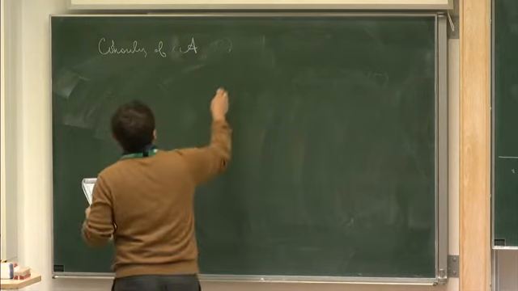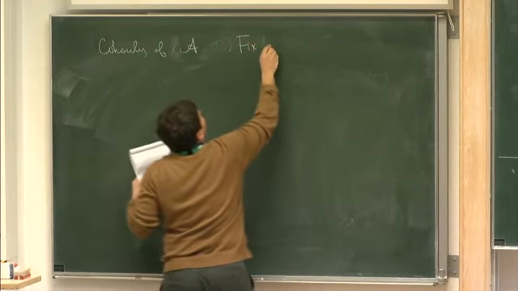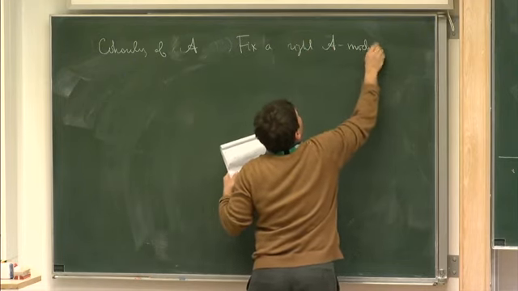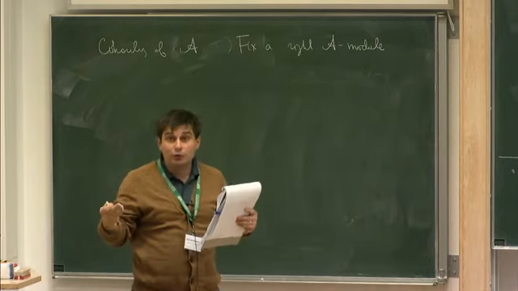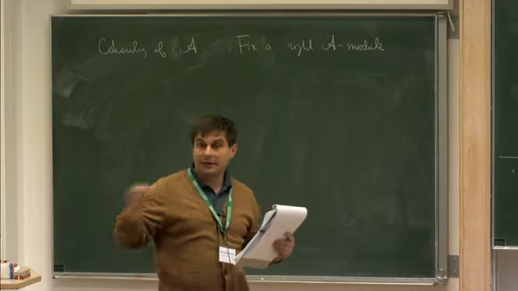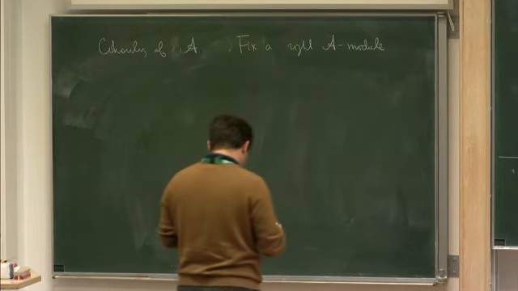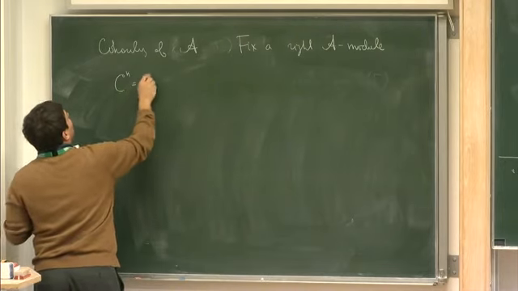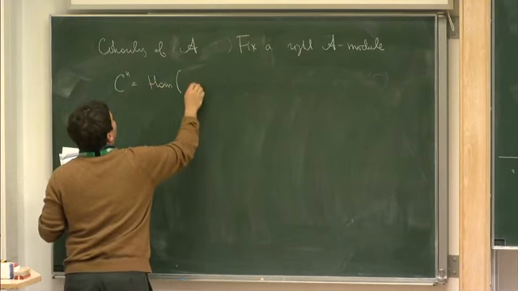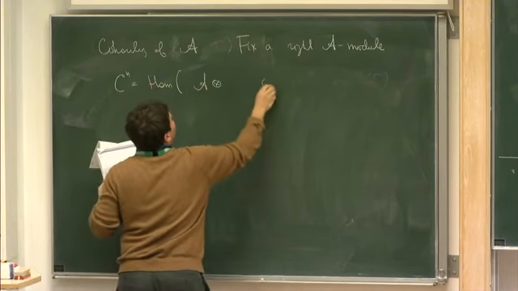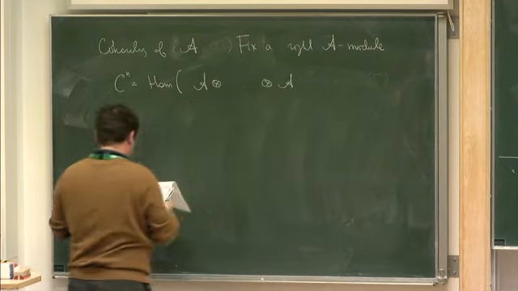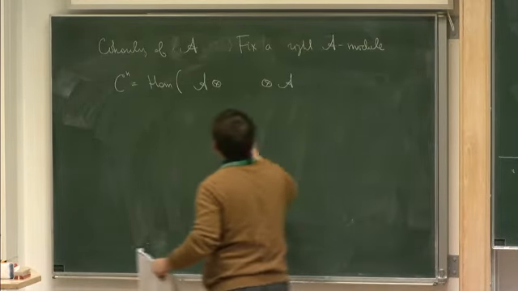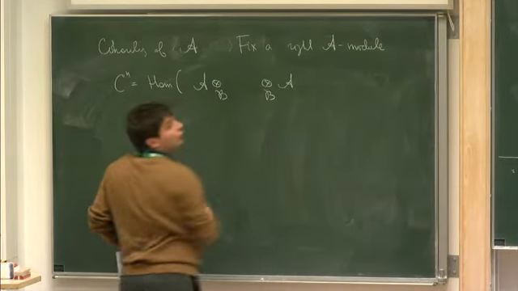So you fix a right A module, and you can think of it as an A bimodule by using the augmentation, making it into a left-right module. Then your Cn is going to be Hom from the tensor power of A. The only thing is that one should take care of this subalgebra B, so one takes a tensor product over B.